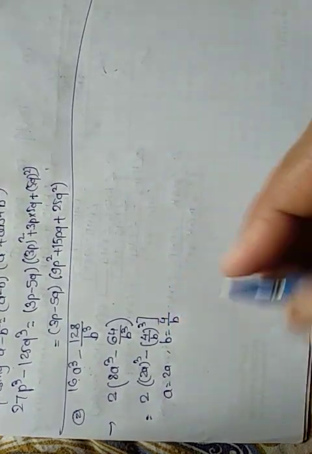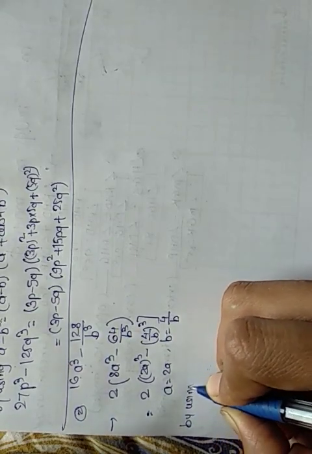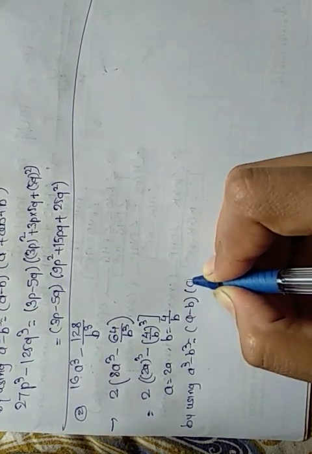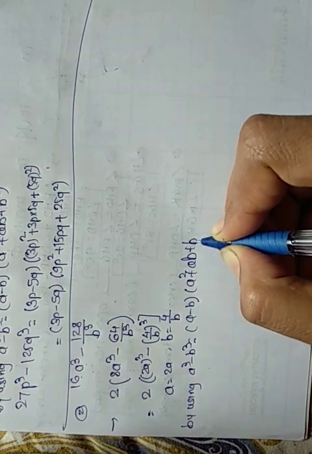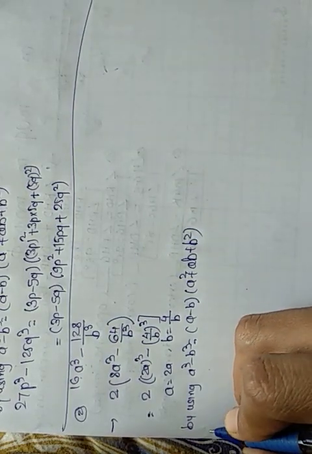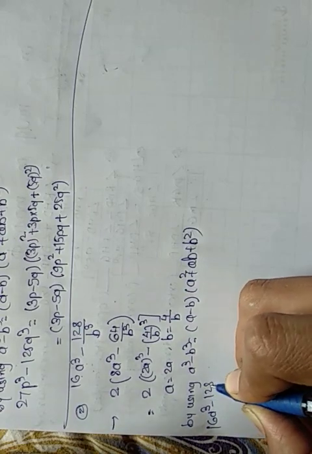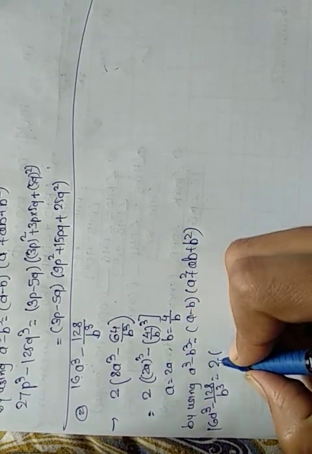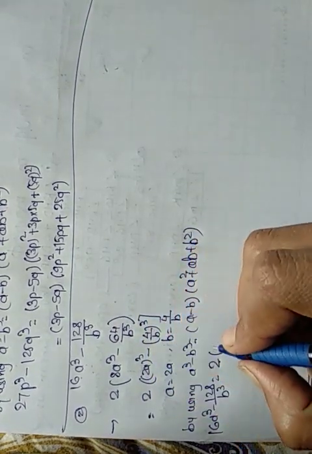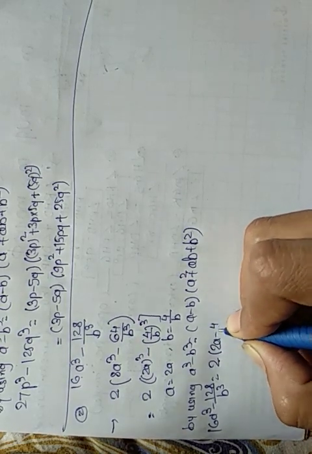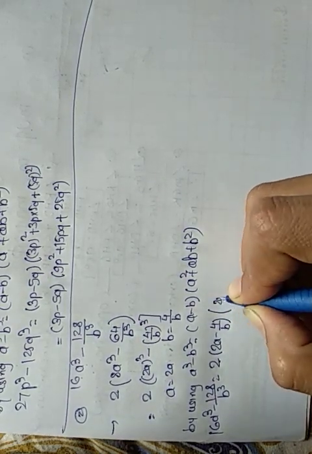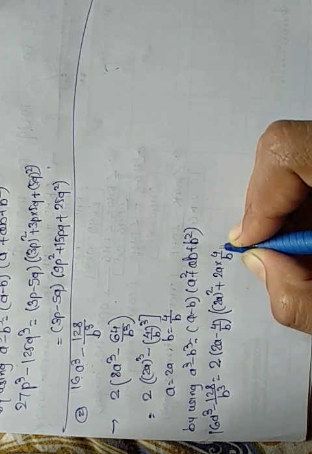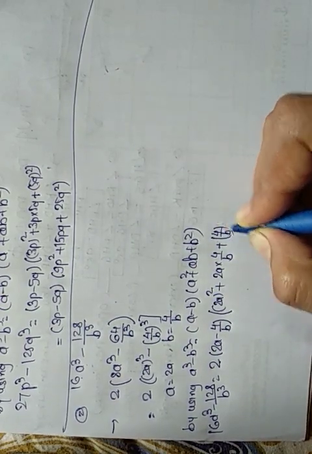Now solve this example by using the formula a cube minus b cube is equal to (a minus b) into bracket (a square plus ab plus b square). So here 16a cube minus 128b cube is equal to 2 into bracket. Now use the formula in this bracket: a minus b, that is 2a minus 4b, into bracket a square, that is (2a) square, plus ab, that is 2a into 4b, plus b square, that is (4b) square.